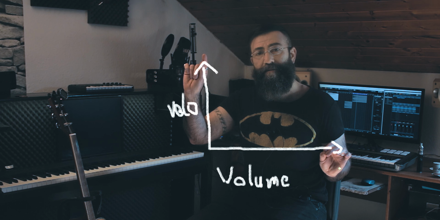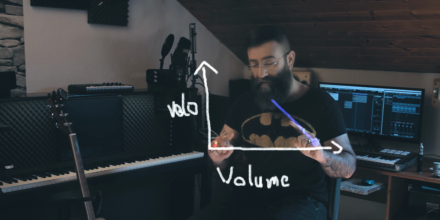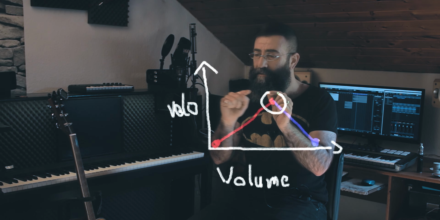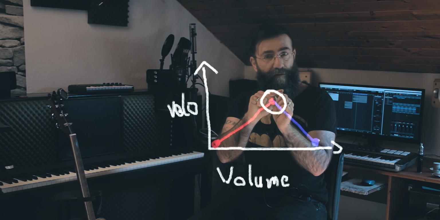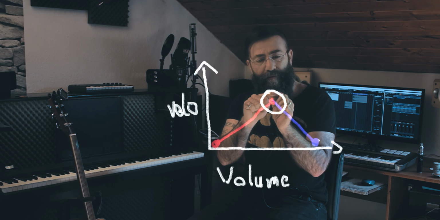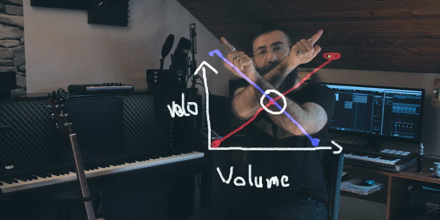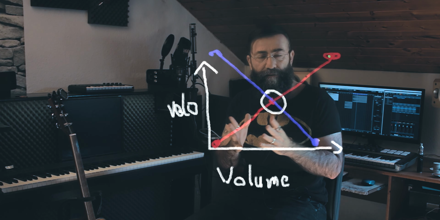But as you increase the velocity, then the volume of the soft sample decreases and the volume of the hard sample increases until they reach the middle of the velocity range, where you play 50% of the soft sample and 50% of the hard sample. They then cross over until you reach the maximum velocity, where the hard sample represents 100% of the volume and the soft sample represents 0.